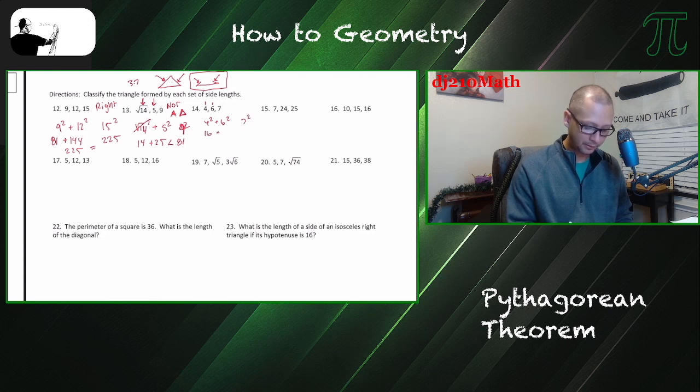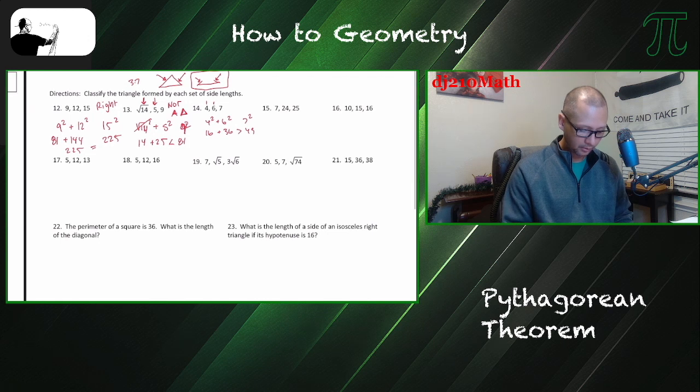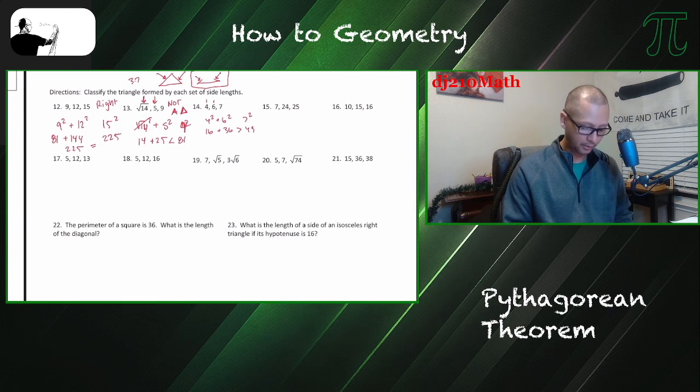So 16 plus 36 is 52, which is definitely bigger than 49. So the hypotenuse, the 7 squared, is smaller, so it's too short. That means it's going to be acute.